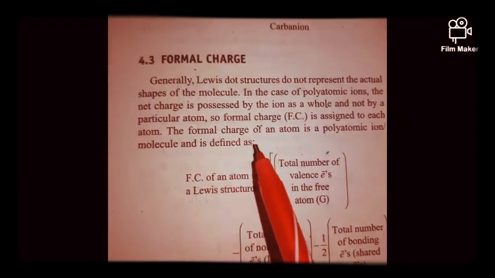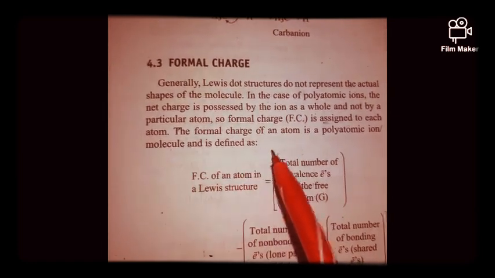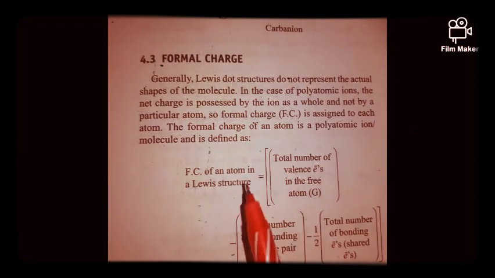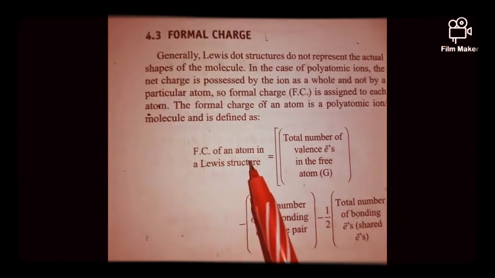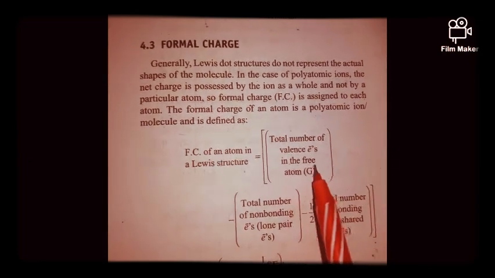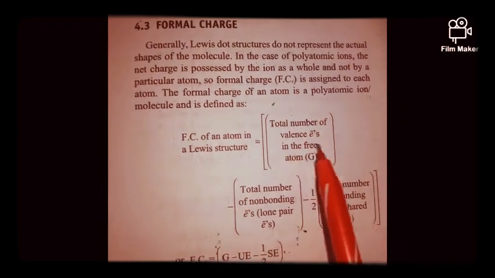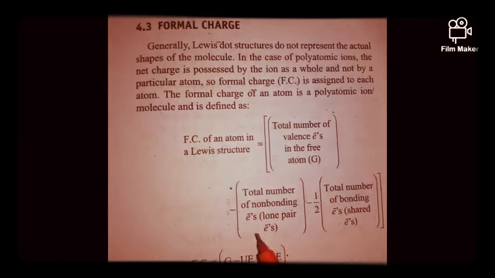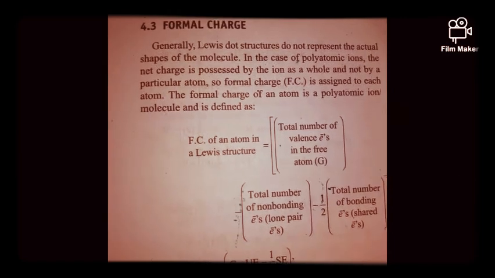The formal charge of an atom in a polyatomic ion or molecule is defined as, see, this we have to remember: the formal charge of an atom in a Lewis structure is equal to the total number of valency electrons in the free atom, where we may use the group number, minus the total number of non-bonding electrons, meaning lone pair of electrons, minus half into the total number of bonding electrons.